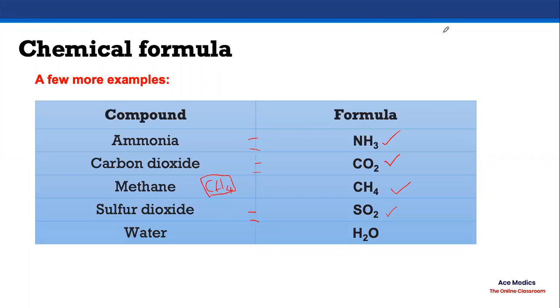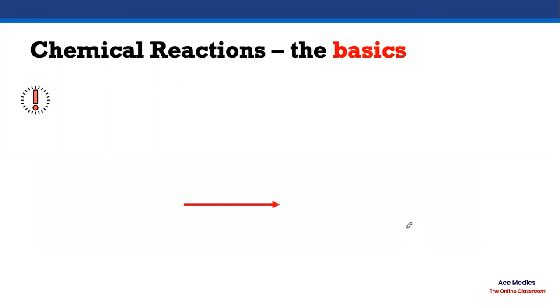One sulfur, excellent, good. How many oxygen atoms are there? Two oxygen, well done, yes. So you guys are really getting this, which is good. Sulfur dioxide has one sulfur atom and two oxygen atoms. And then we already know about H2O, which is water, which has two hydrogens and one oxygen. Okay.